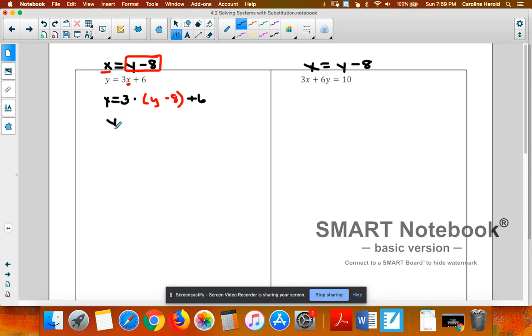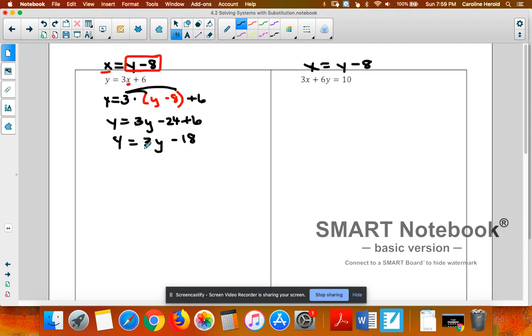Let's do some math. Let's math this up, right? 3y minus 24 plus 6. Combine your like terms. Y equals 3y minus 18. And again, I want that 18 on this side by itself. That negative's going to go with it.